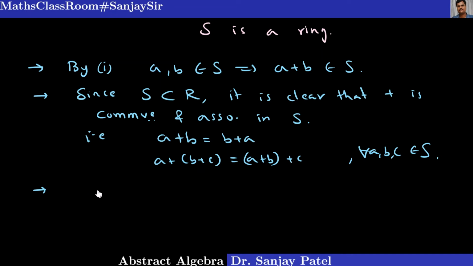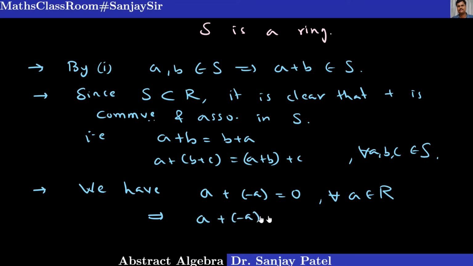We know that a plus minus a equals 0 for every a belonging to R. I can also say that a plus minus a is 0 for every a belonging to S also, because S is a subset of R. Fine.